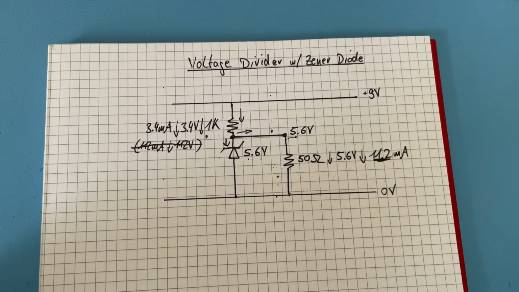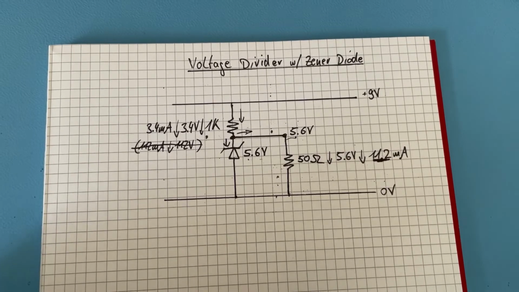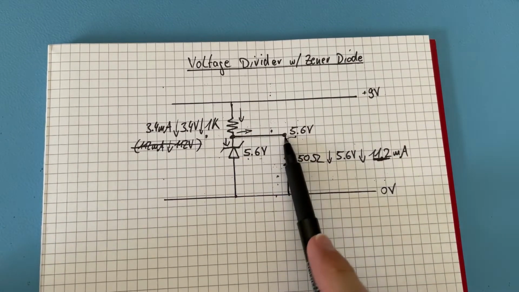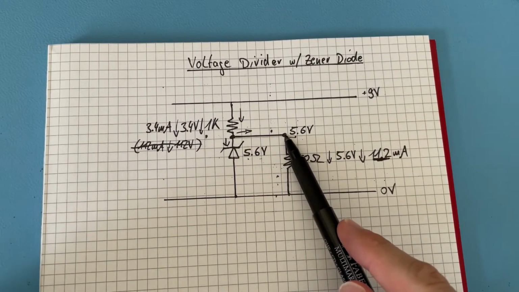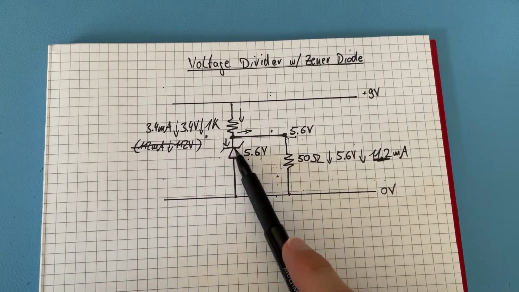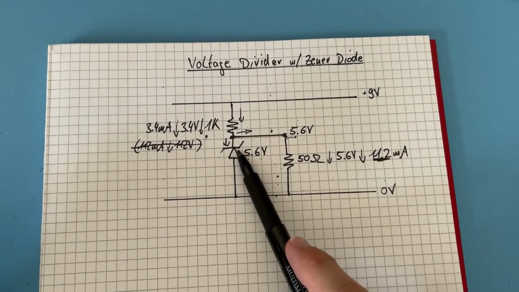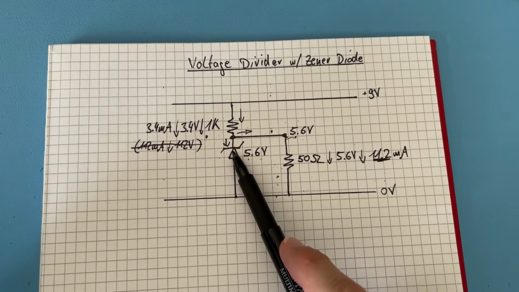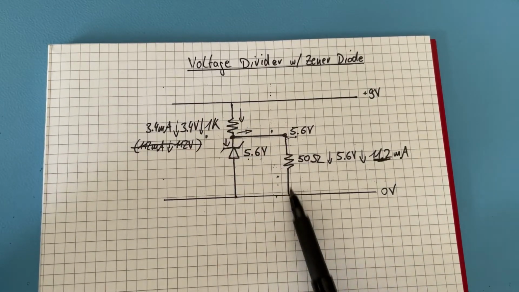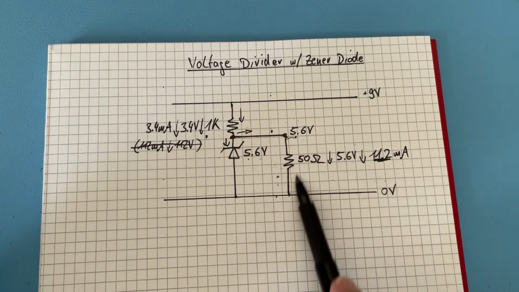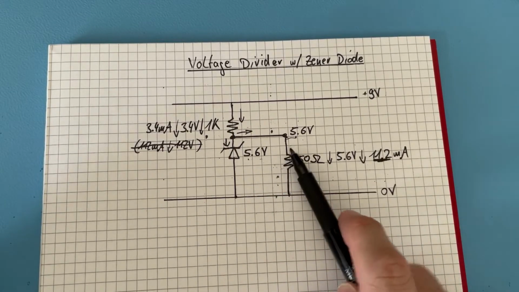So either the voltage here is not 5.6 volt in the scenario, so that means the Zener can't keep up the 5.6 volts, and this is going to be a simple voltage divider. Or what else could happen?